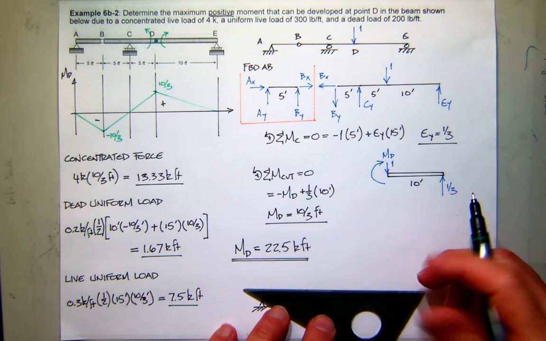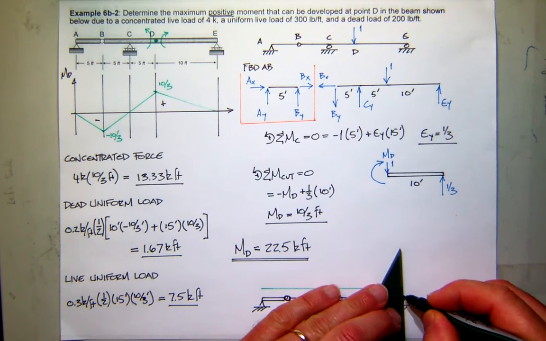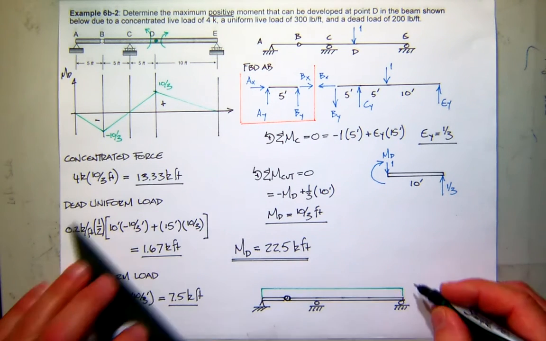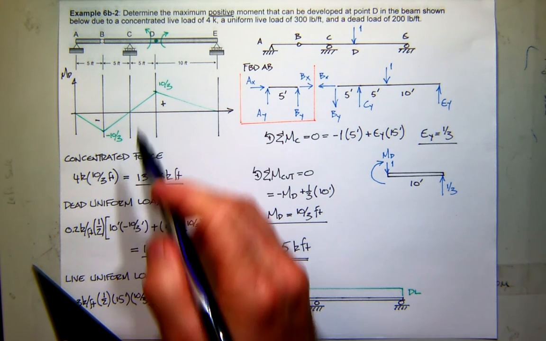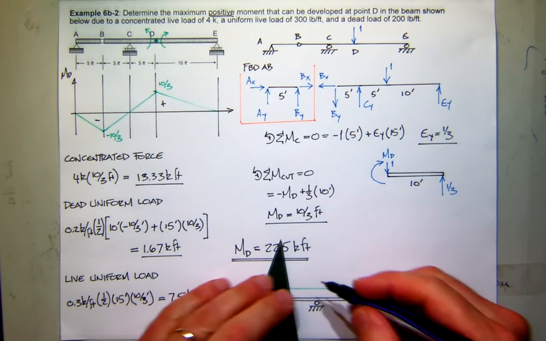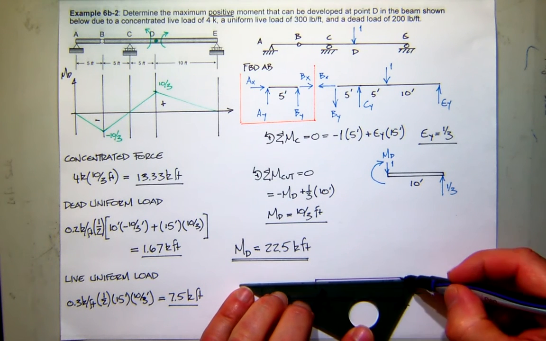Remember, the dead load goes across the whole structure. So that's our dead load. The live load, I'm only running from C to E.